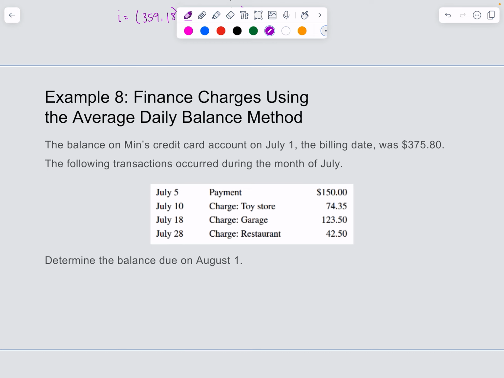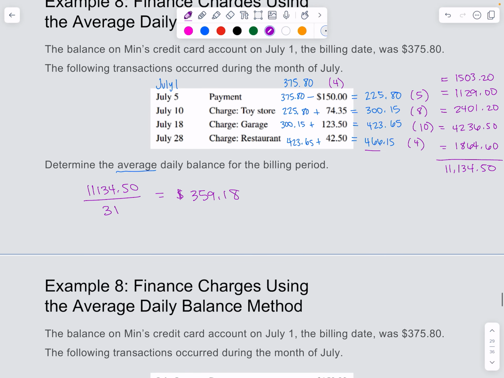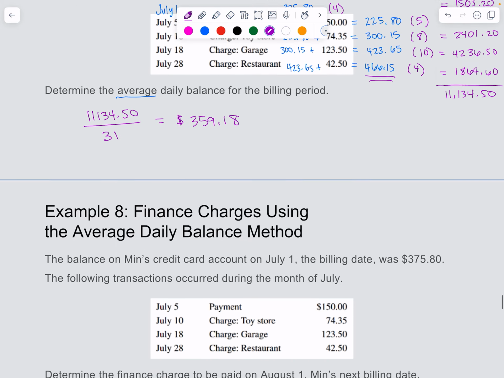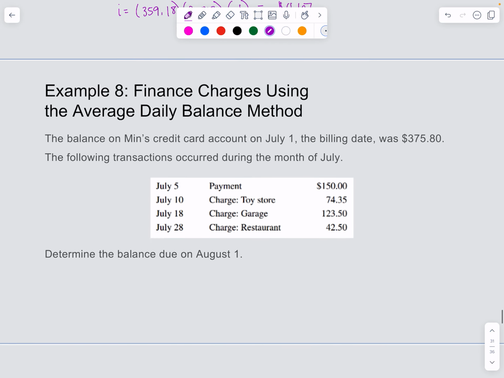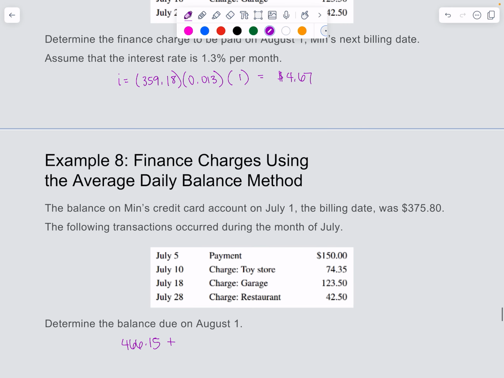Since we have our finance charge, we can find out how much the new balance is going to be when that bill comes in August. So we already calculated she ended the month with $466.15, but she got charged interest $4.67.